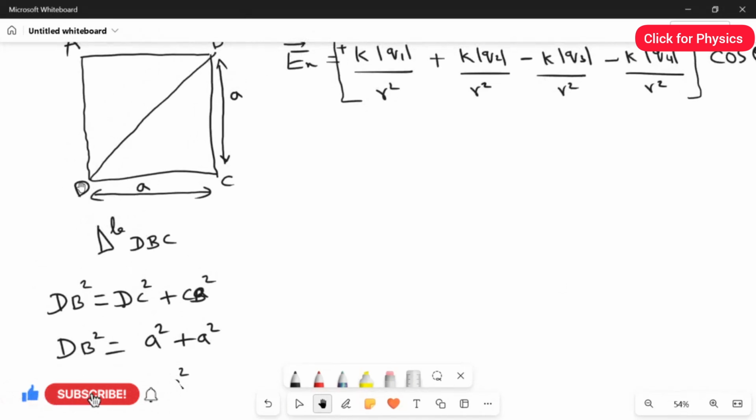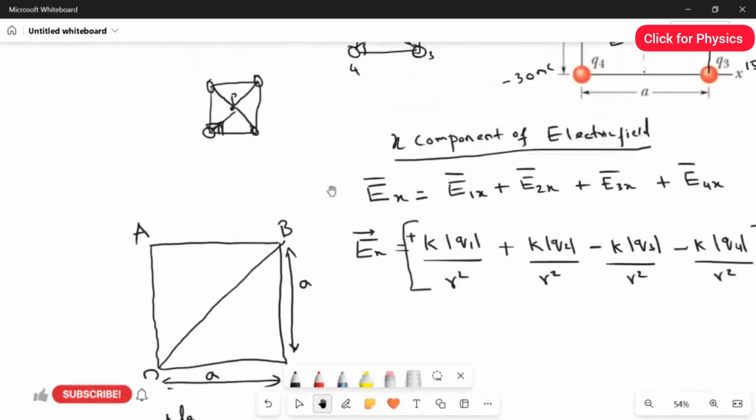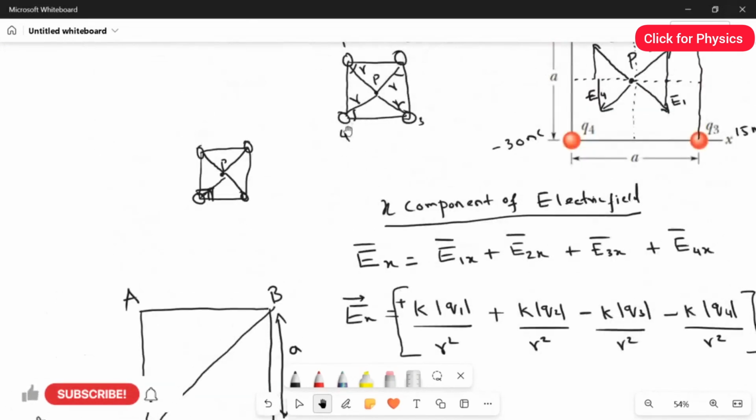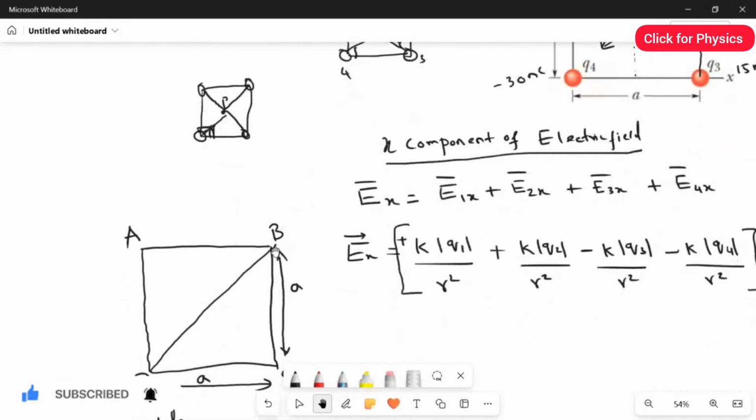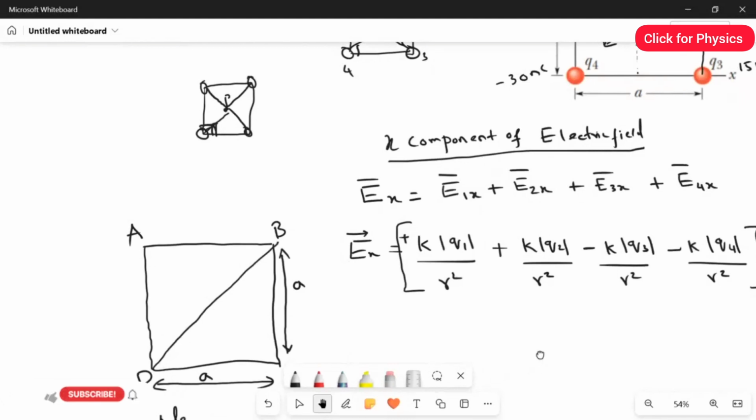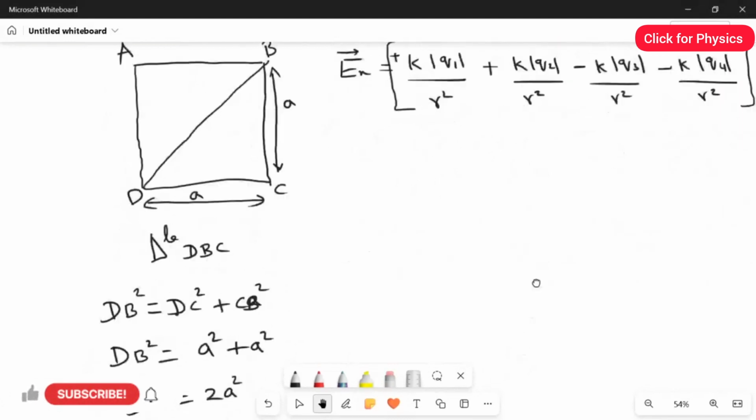Once you find the value of DB, half of the DB value is nothing but the distance r. You can go back to this diagram and see. The half of the diagonal is the value of r for each charge. So if you want to find r, we first have to find the diagonal, and then divide this diagonal by 2.